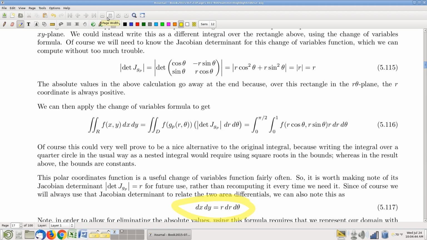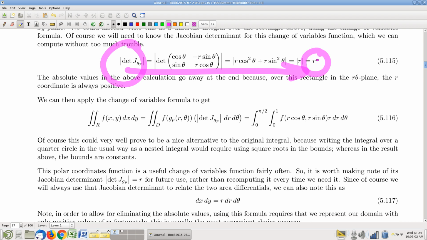We're using polar coordinates as our change of variables function. Notice, by the way, this calculation will always work out the same. As long as you promise to only use positive values of r, your stretching factor will always be just r. And so your dx dy will always turn into r dr d theta.